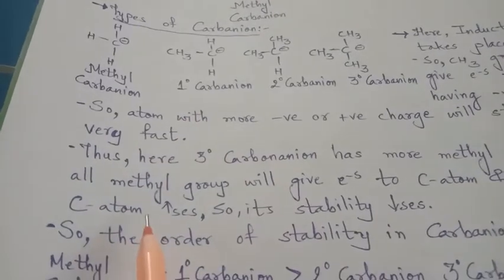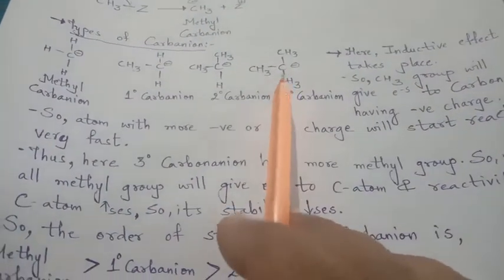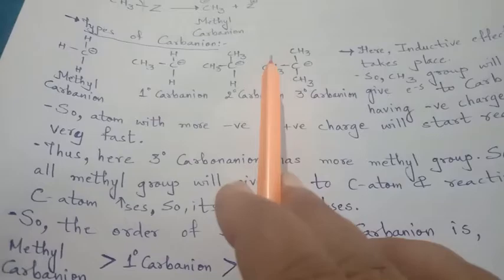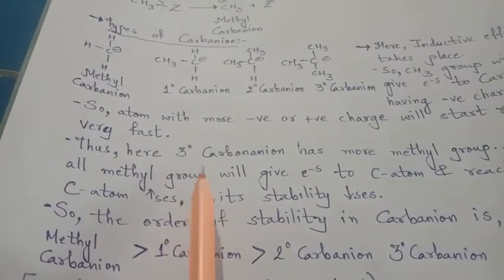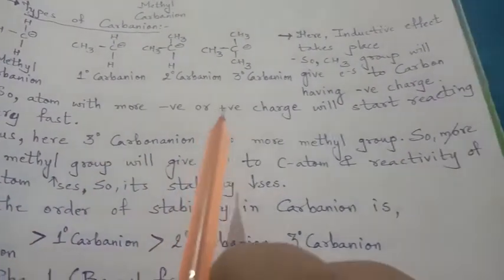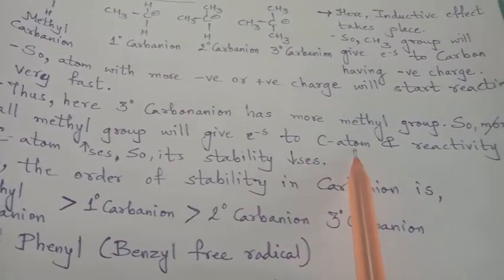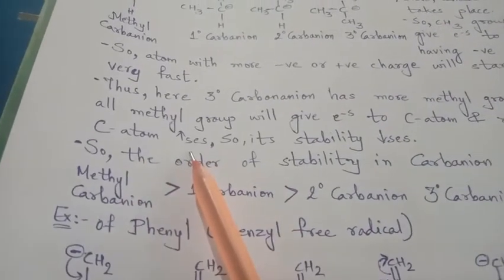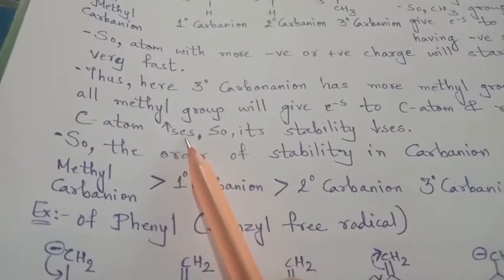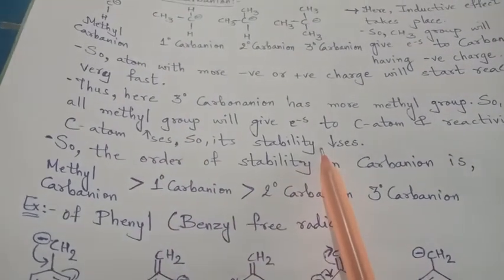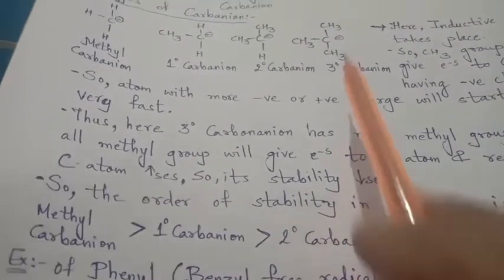So here, 3 degree carbanion has more methyl groups. All the methyl groups will give electrons to the carbon atom and the reactivity of the carbon atom increases. Carbon atom reactivity increases, which means its stability decreases because it will start reacting.